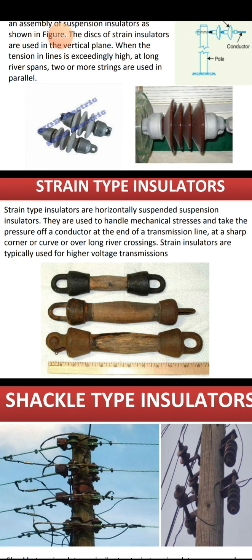Strain type insulators are normally horizontally suspended, and they are used to handle mechanical stress and take the pressure of the conductor at the end of the transmission line, at the sharp corner or curve, or over river crossings.